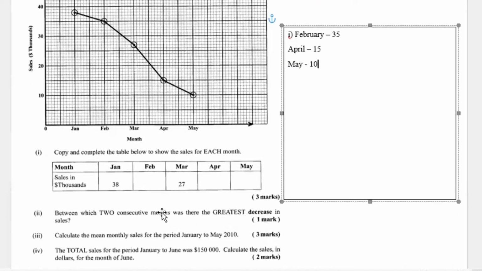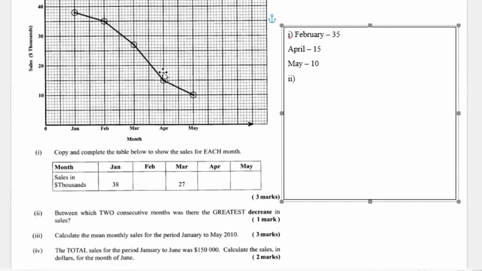Part 2 now says, between which 2 consecutive months was there the greatest decrease in sales? And it is 1 mark. So you can either go and manually calculate it, or you can look at the graph. In analyzing the graph, it would be the slope between which 2 months is there the greatest slope, the greatest gradient. And from looking at it, you can see that the steepest one here is this line.